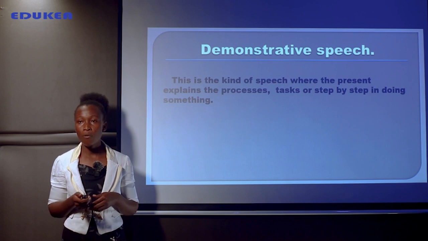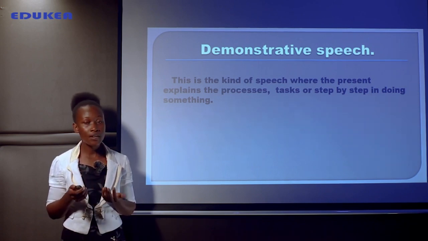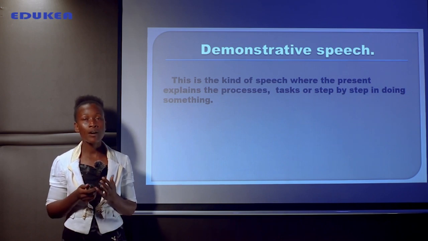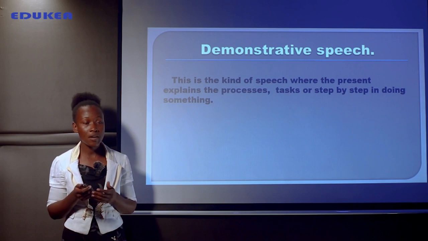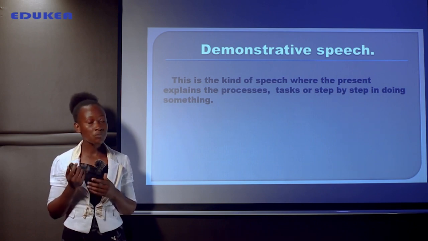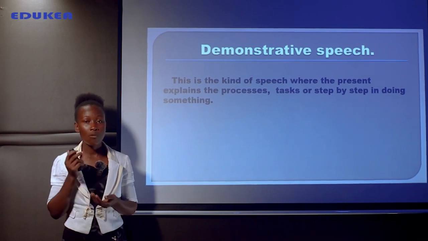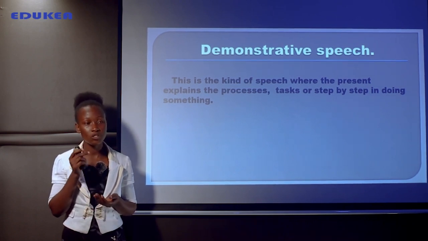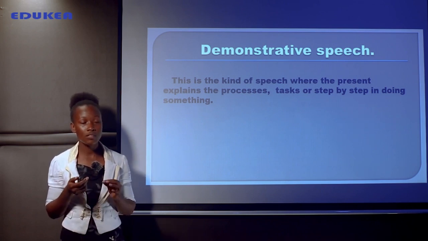For example, when someone is teaching or giving a speech on how to make delicious food, she or he may mention the requirements and the procedures, what you are going to do in order to make delicious food. You start from where up to where in order to get what you intended to have.